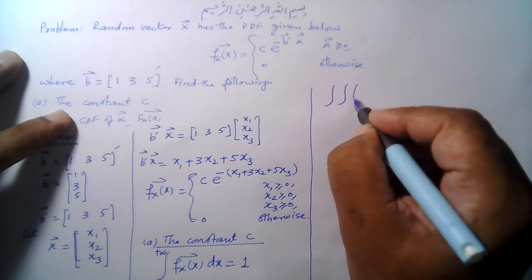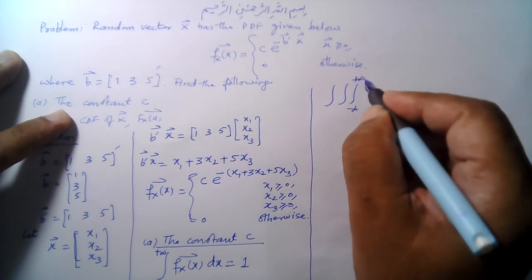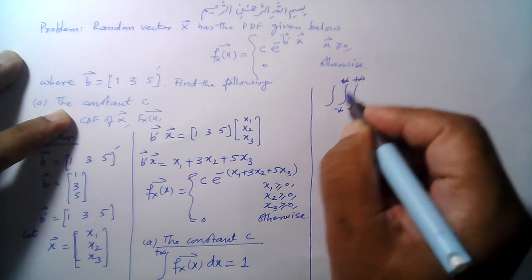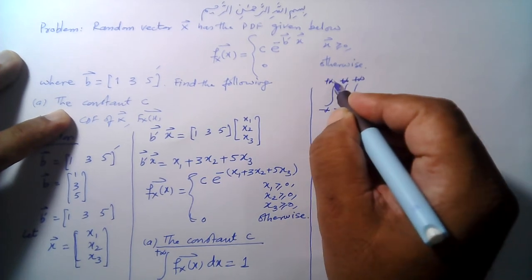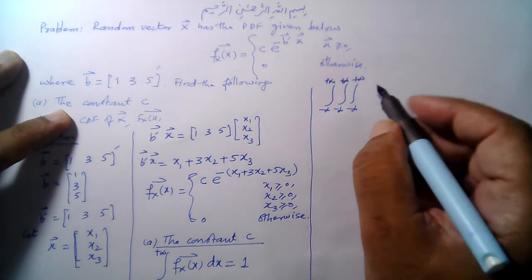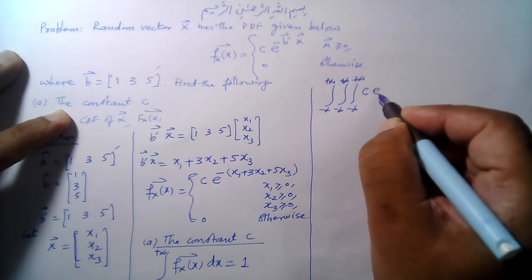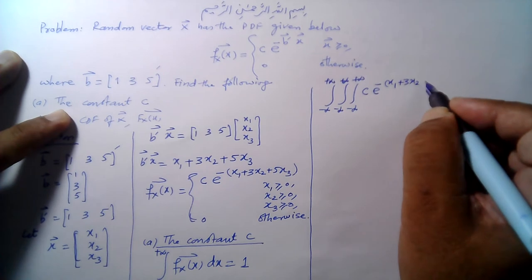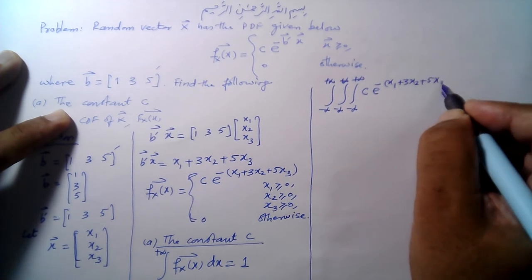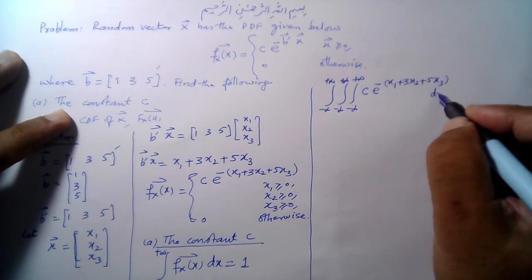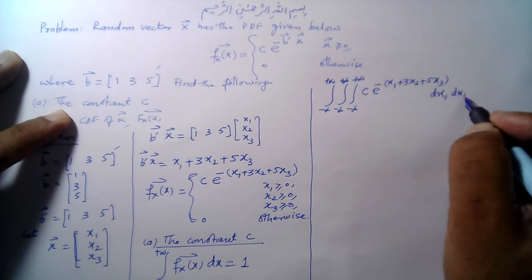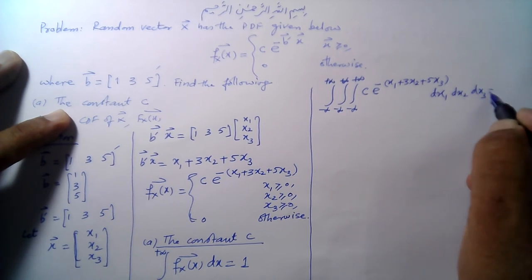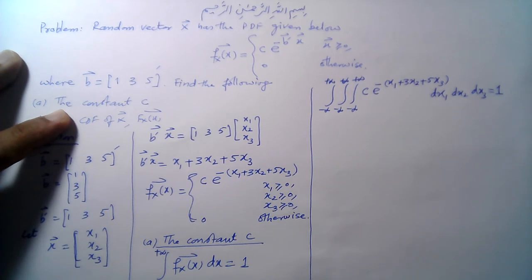So minus infinity to plus infinity, three times, and c e raised to power minus x1 plus 3x2 plus 5x3, with respect to dx1, dx2, dx3, and the answer should come out to be equal to 1, right?